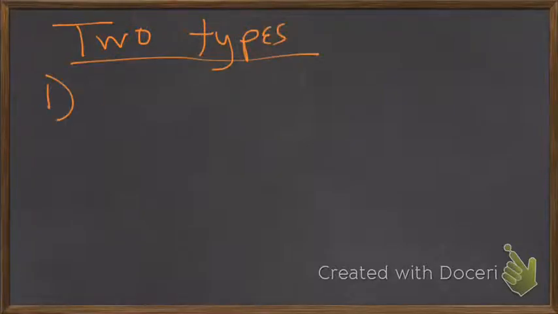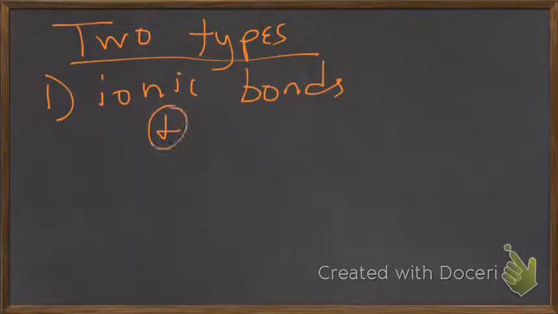First off, we've discussed so far two types of bonding. One is ionic bonding between ions. That's when you have a positively charged ion that likes a negatively charged ion, and so they get stuck together.